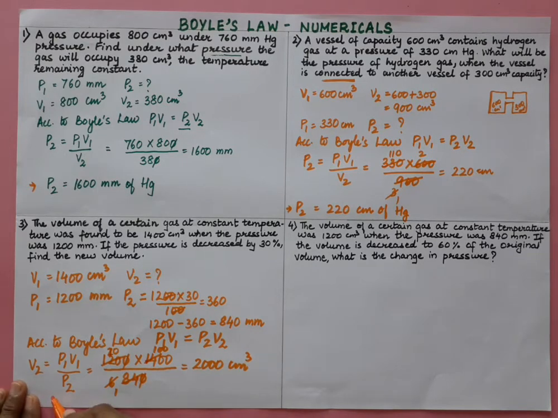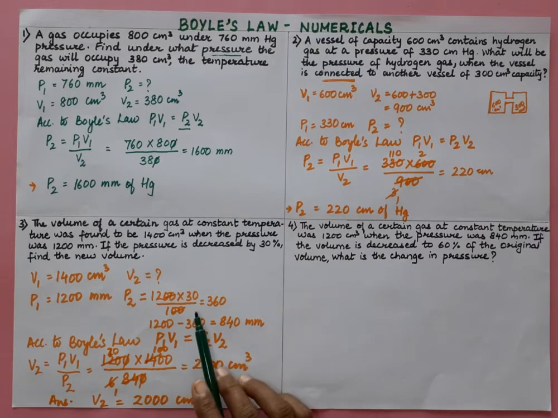So your final answer is V2 is equal to 2000 centimeter cube. Clear? Now always when it is decreased by some percent, you calculate that much percent and then you subtract it. So decrease by 30%. Now let us take the next numerical.